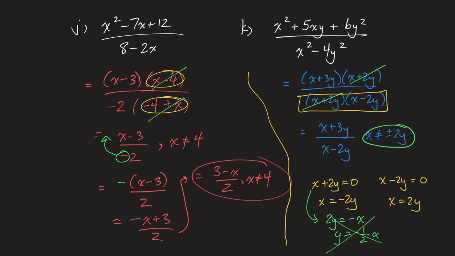And then some people go, oh, so I need to write that my y can't. Don't. That what I've circled in green is sufficient. It's enough.